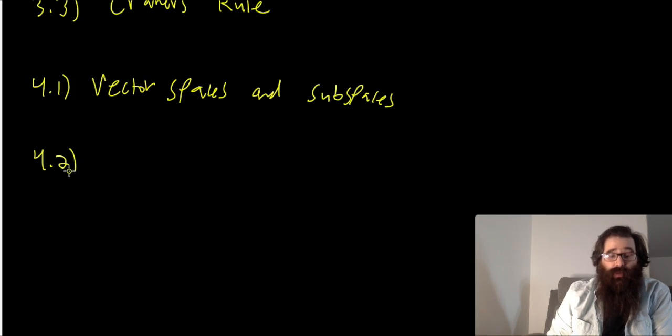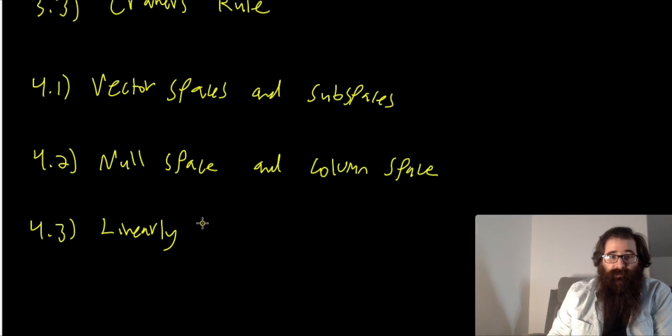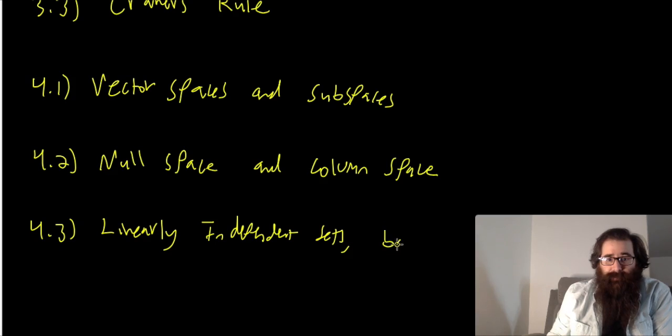We had 4.2, where we talked about null space and column space, familiar friends, familiar subspaces. You better believe it. That brings us to 4.3, where we talk about linearly independent sets and bases.